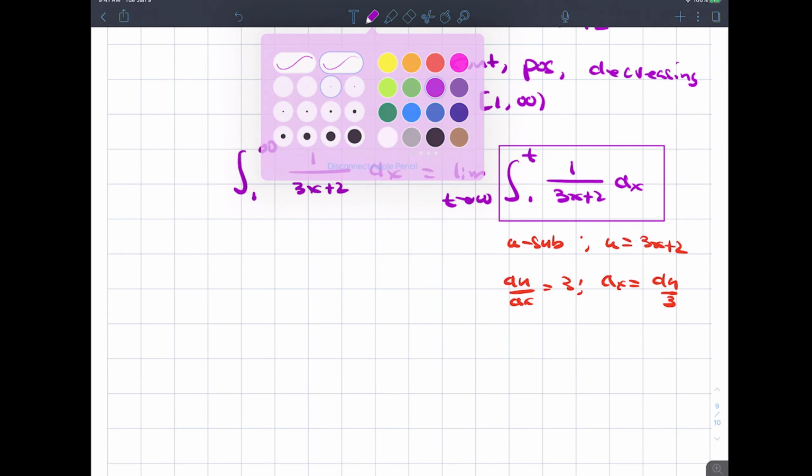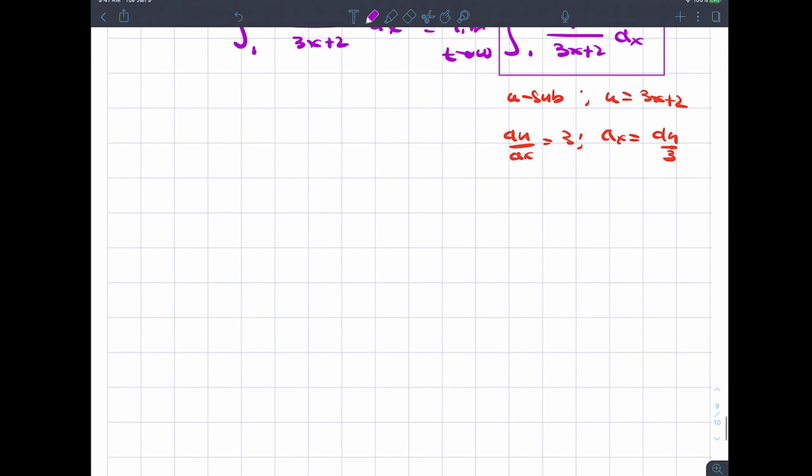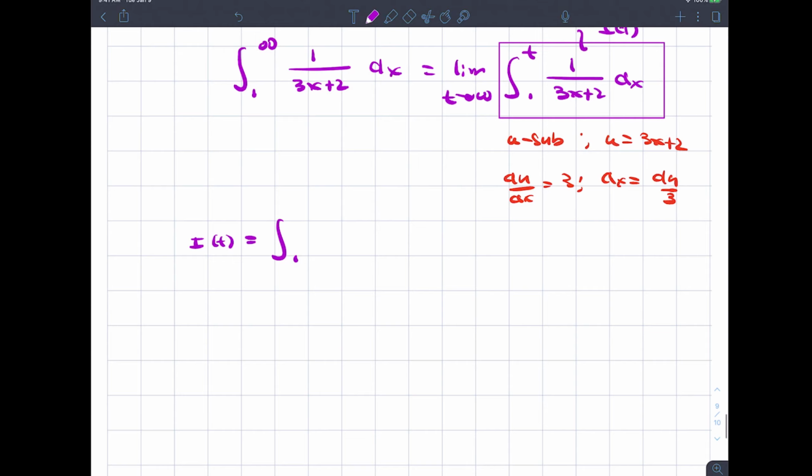So this particular integral, call it I of t, equals the integral of 1 over u times 1/3 du, which is 1/3 the integral of 1 over u du, which is 1/3 natural log absolute value of u.